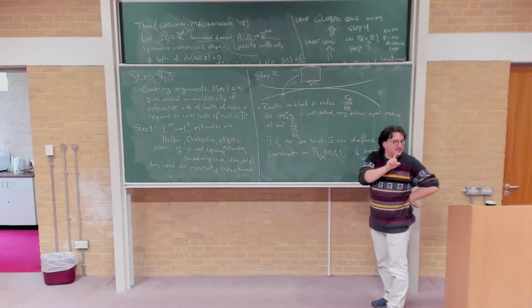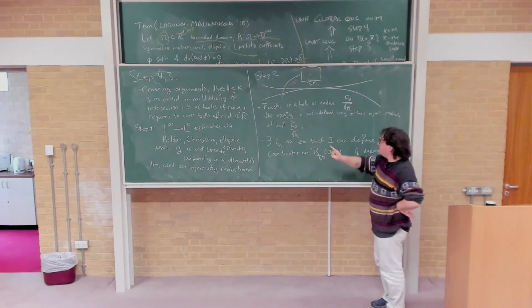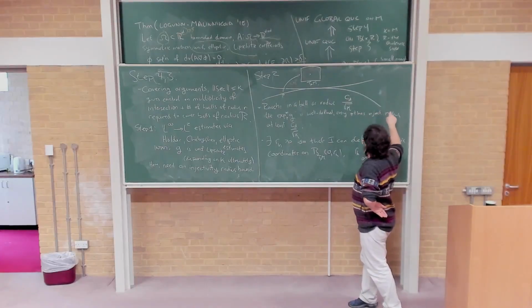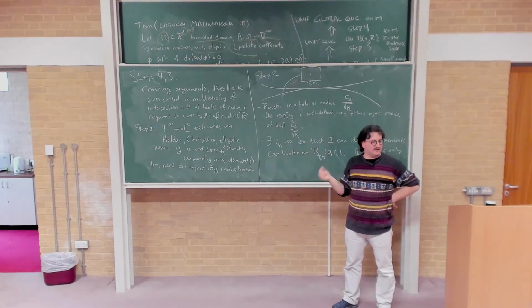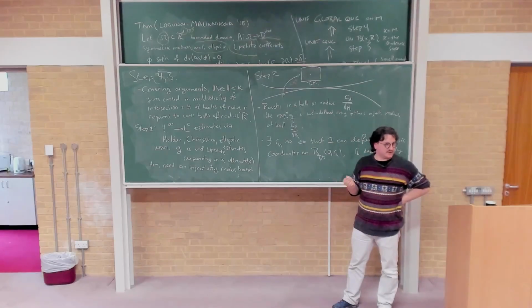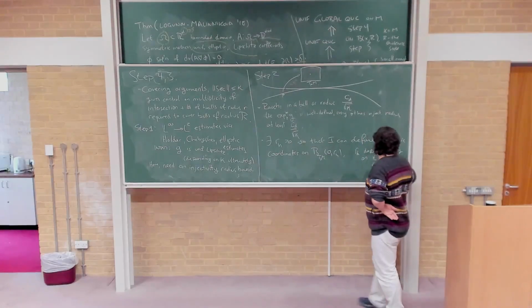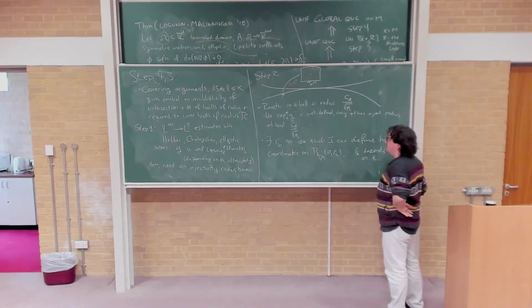But this is not the injectivity radius of M. This is the injectivity radius of T_P M, where in fact that injectivity radius is controlled by the sectional curvature of M. And so this is just based on kappa.